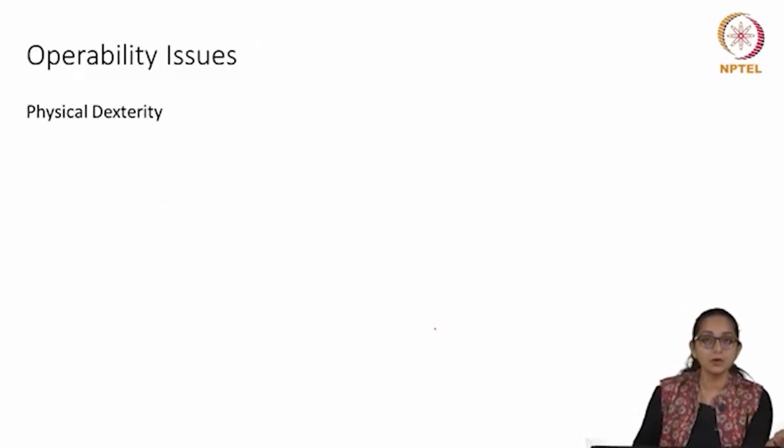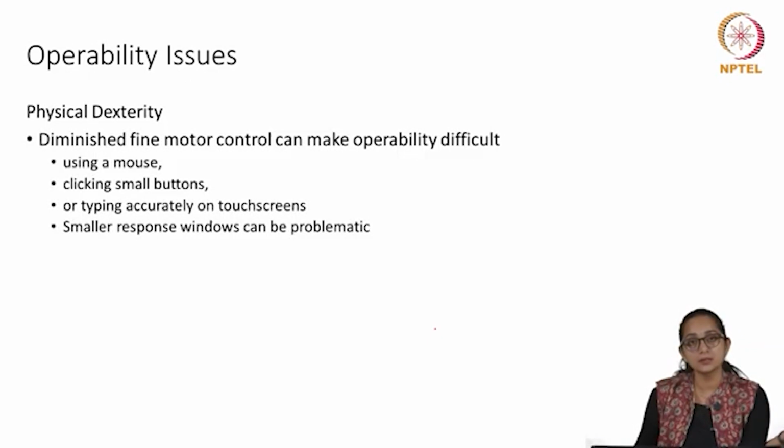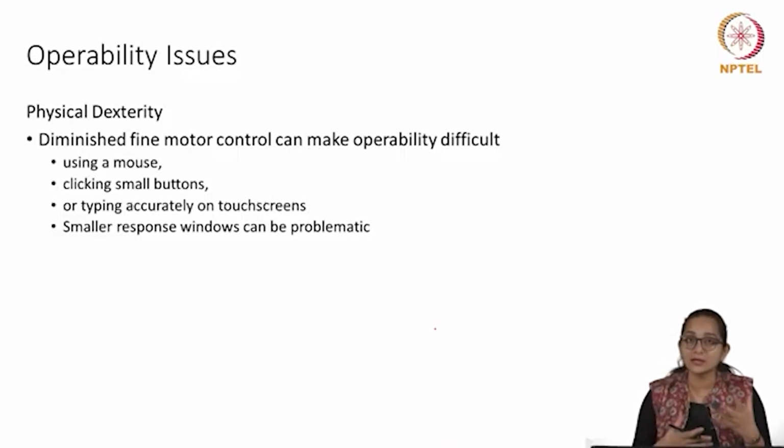Then there can be operability issues. When we talk about operability, an accessible ICT product should enable users to interact with the system in the best way possible.